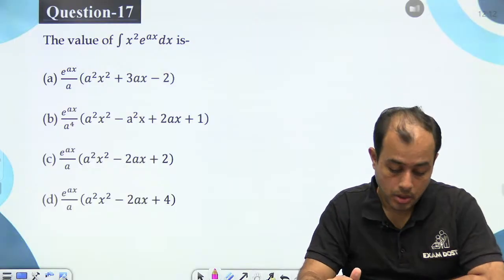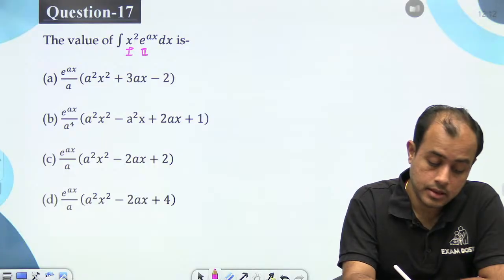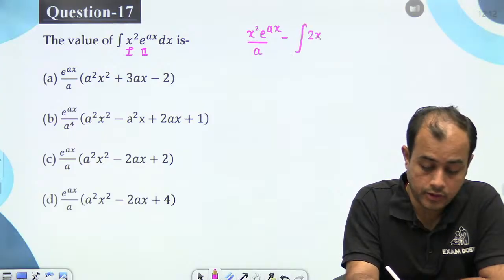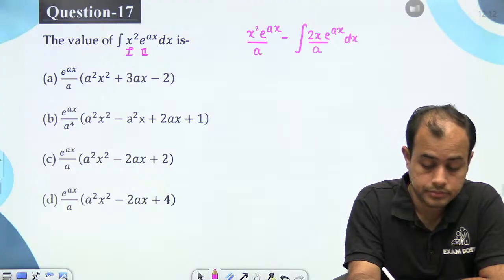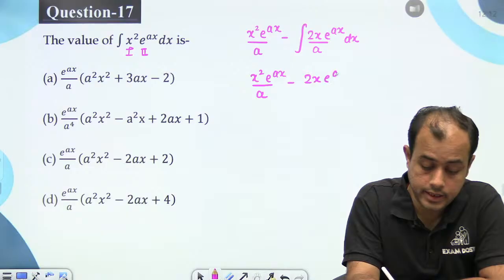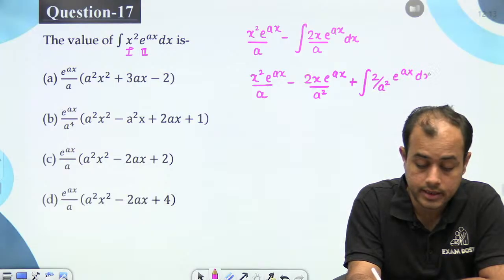चलिए भाई. This is algebraic. This is exponential. First function integration of second minus derivative of first. Again, first function integration of second minus derivative of first integration of second का integration.